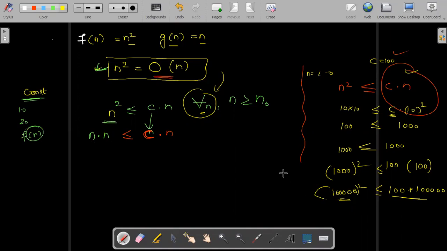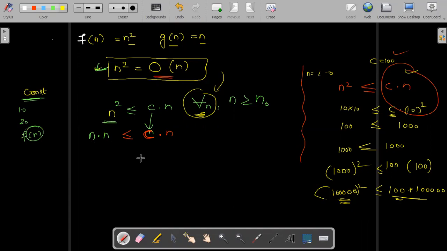Now, according to the definition, please understand. According to the definition, what it says is that for every n value, we should prove this one as greater. This one we have to prove. But here it is not saying this is greater compared to this one. That is one reason.